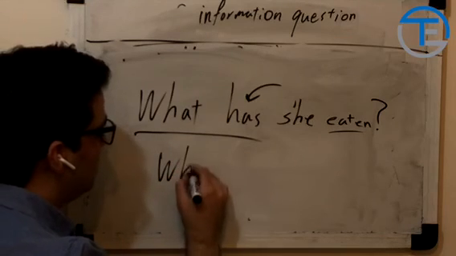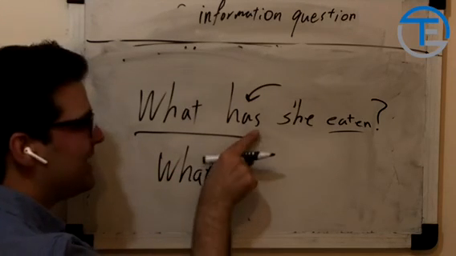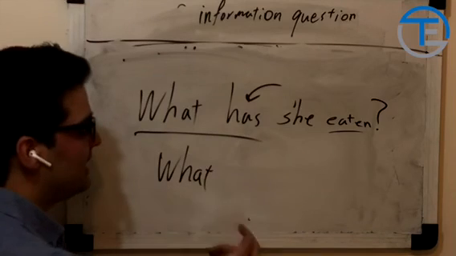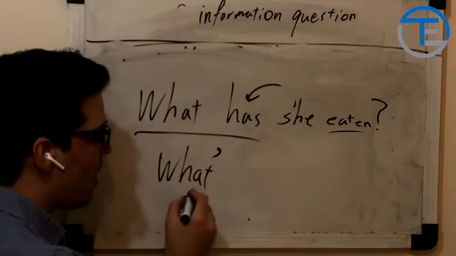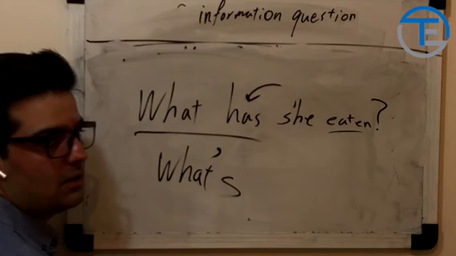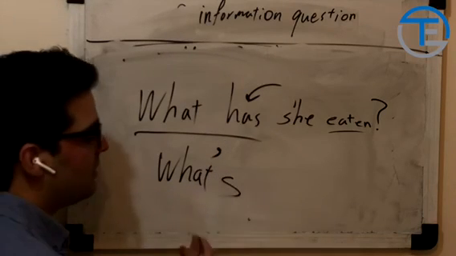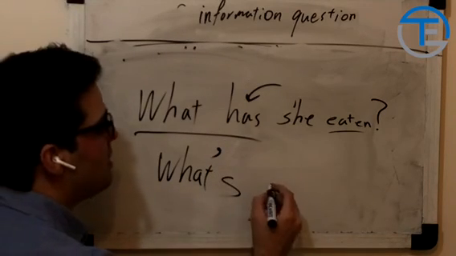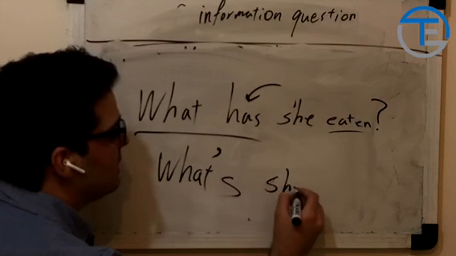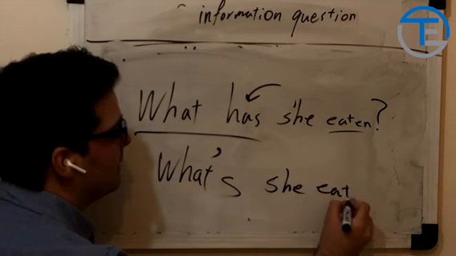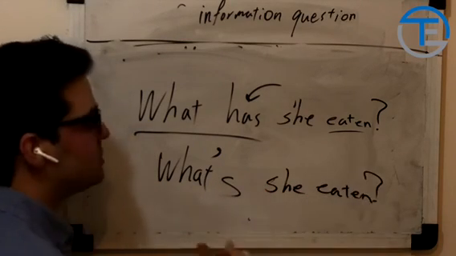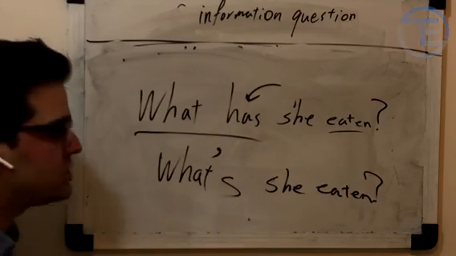What? Just look at the last letter, that is S. Apostrophe, what's. Just write this. It is a contraction. What's she eaten?